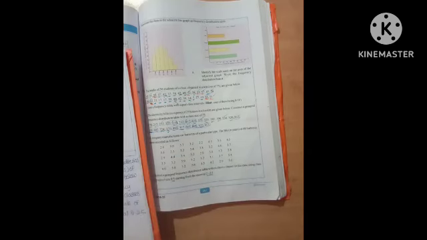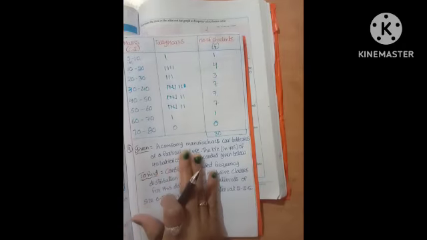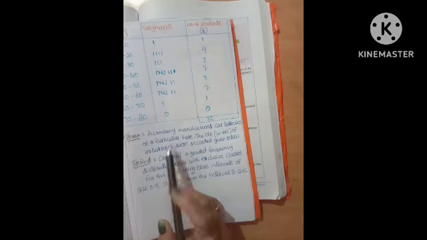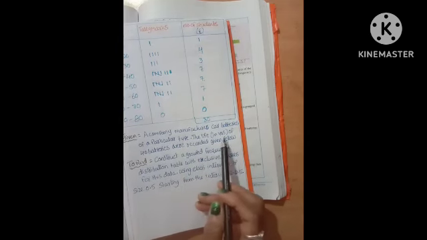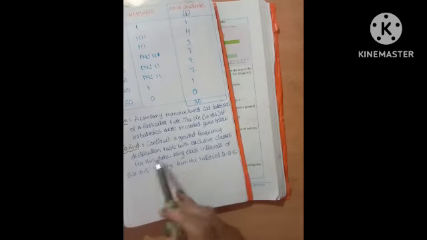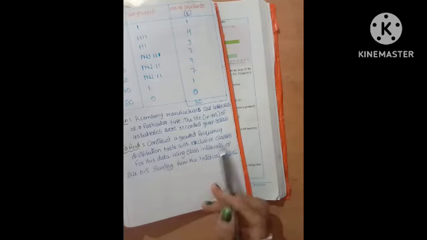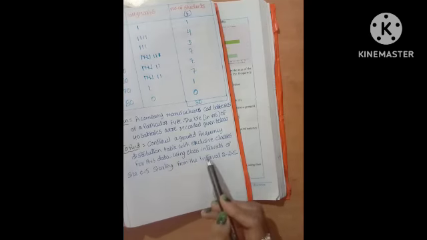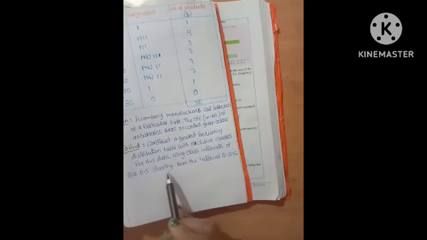This is ungrouped frequency data. So how to make a grouped frequency distribution table? First, the given data. A company manufactures car batteries of a particular type. The life in years of batteries was recorded as given below. To find: construct a grouped frequency distribution table with exclusive classes for this data using class intervals of size 0.5 starting from the interval 2 to 2.5.